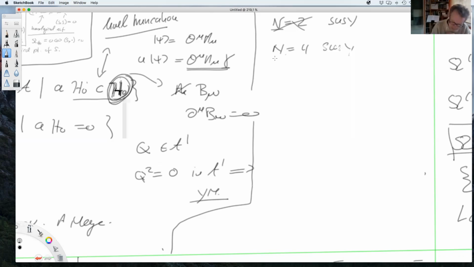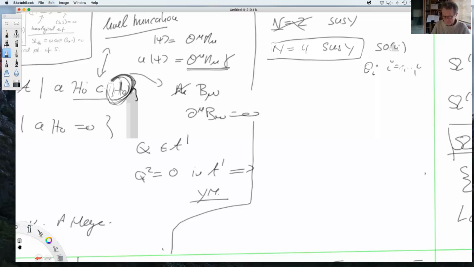If I took N equals 4 supersymmetry instead, I have an SO(4)_R symmetry because I have 4 different spinors on the worldline, these θ's, θ^I, with I equal to 1 to 4. That gives me more freedom in producing such an H0 because I have more generators.